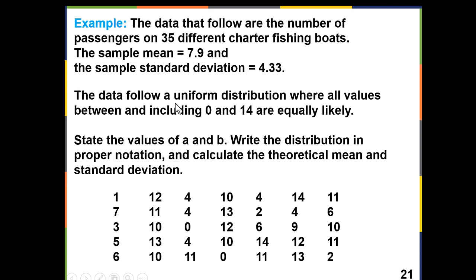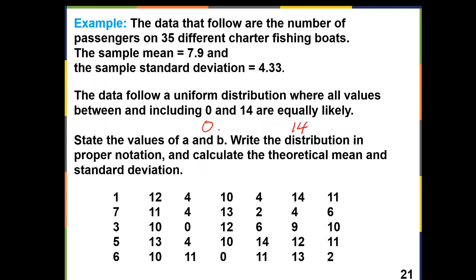So it says the data follow a uniform distribution where all values between and including 0 and 14 are equally likely. So that means these numbers come from a distribution of numbers that are between 0 and 14. So you see, the x is between 0 and 14.